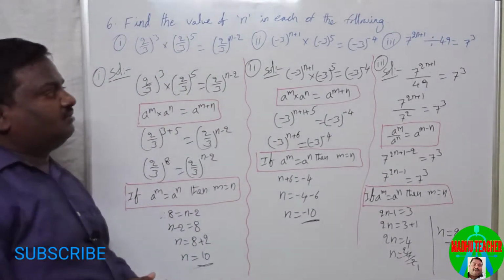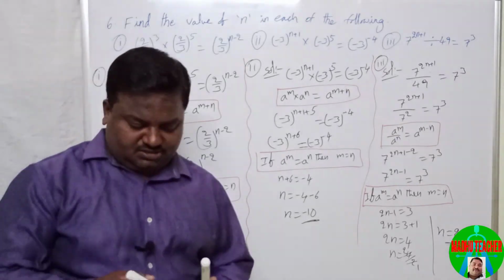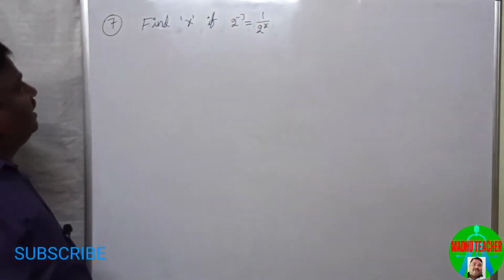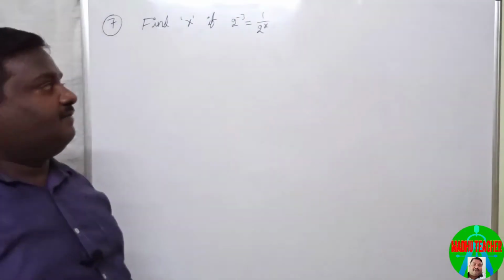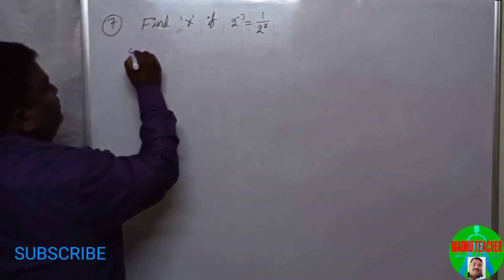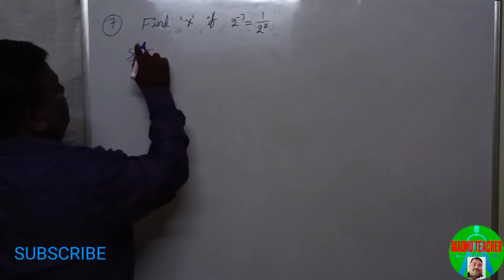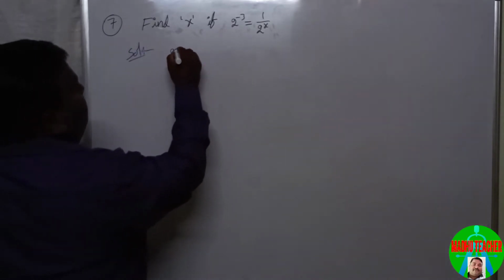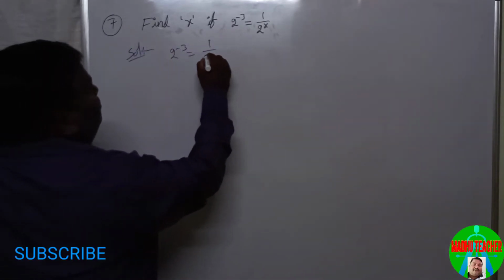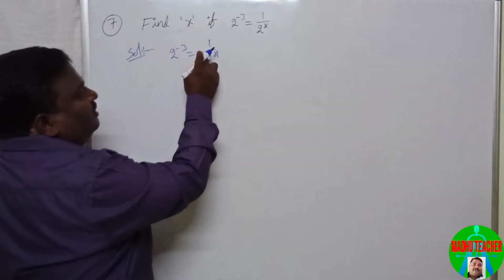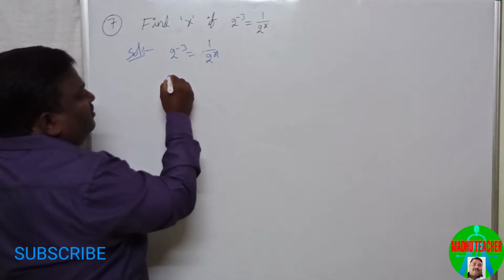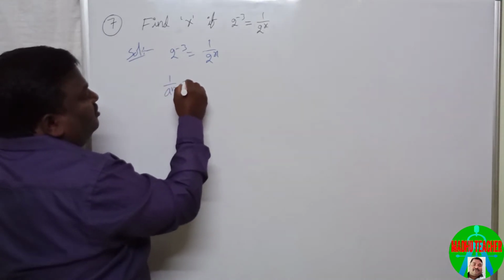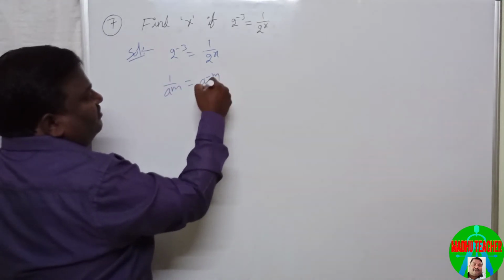This is the sixth one. Next, the seventh one is: find x if 2 to the power of minus 3 equals 1 by 2 to the power of x. So what is given? 2 to the power of minus 3 equals 1 by 2 to the power of x. Taking this denominator to the numerator, the formula is 1 by a to the power of m equals a to the power of minus m.